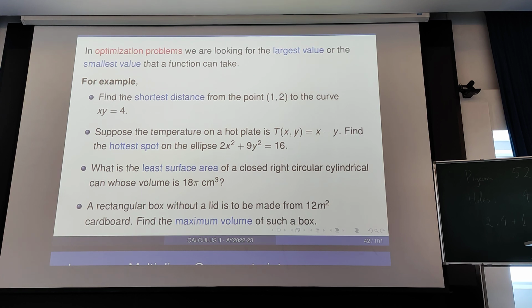You can see in the first example, we need to find the shortest distance from this point to this curve. Whenever you see a problem of finding the shortest or minimum, the extrema value of a function, then you have an optimization problem.